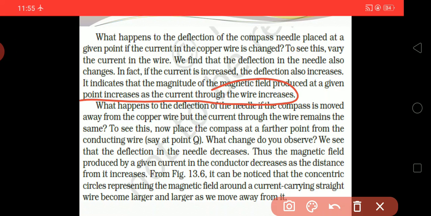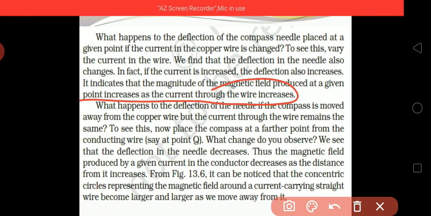What happens to the deflection of a needle if the compass is moved away from the copper wire, but the current through the wire remains the same? To see this, now place the compass at a farther point from the conducting wire. What change do you observe? The deflection of the needle will what?